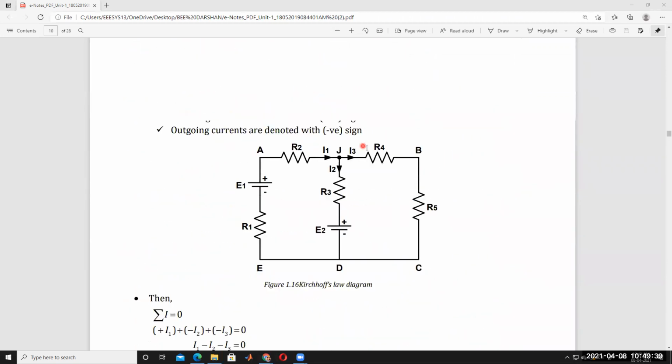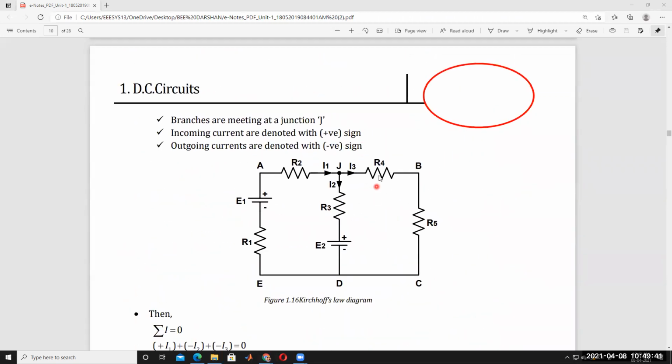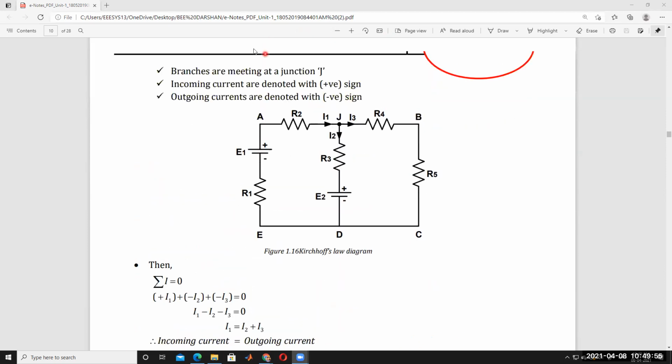Now another loop. So from this loop, what are the elements here? R4, R5, E2, and R3. What is the loop current here? For example, let us assume this is called the circuit current or loop current.